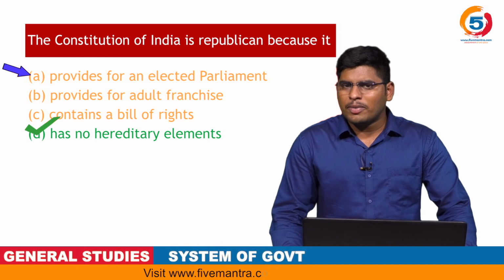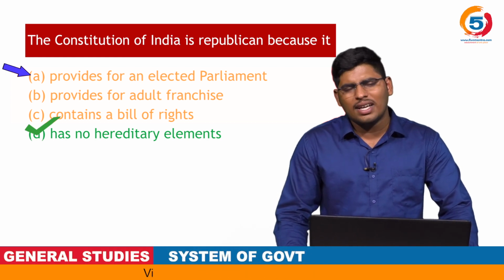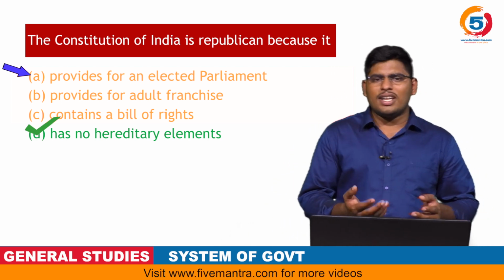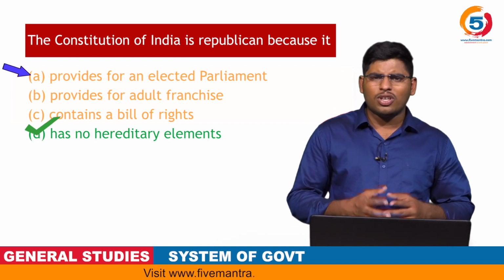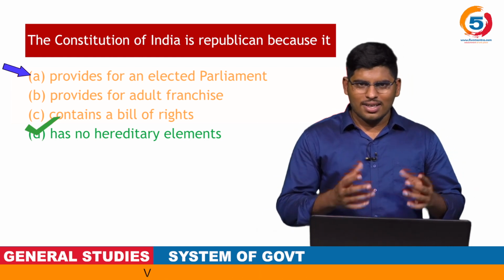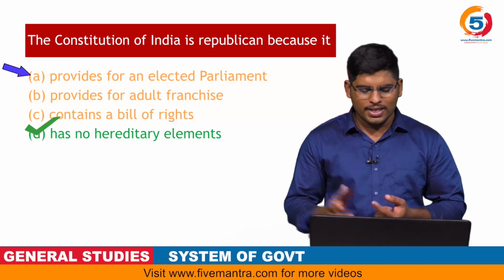The president, I told you, is elected indirectly by the people's representatives. The whole body of parliament is an elected body, but this statement is not relevant to the term republic, so you can eliminate that.